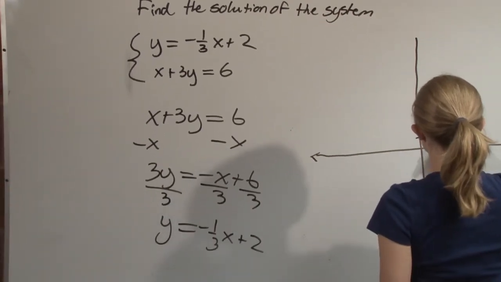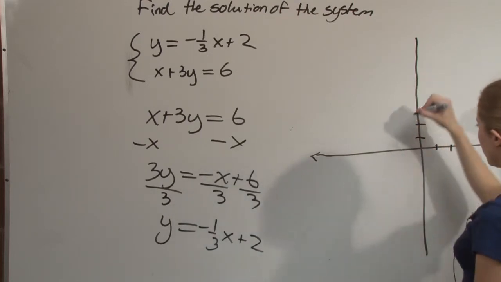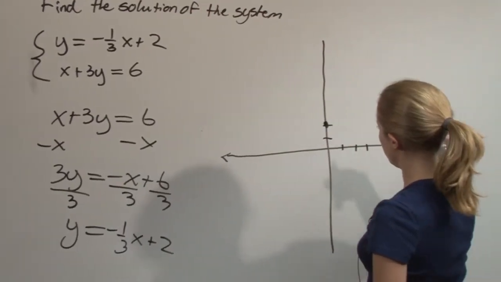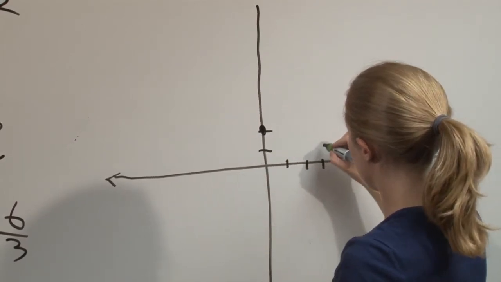Since the equations are the same, I only have one line to graph, so I'll go ahead and graph the intercept. Take it down 1 and across 3.